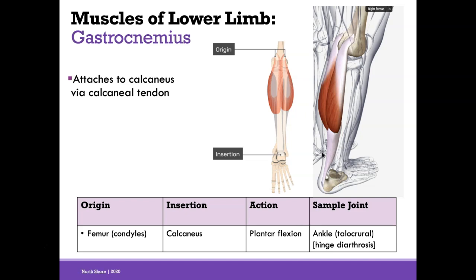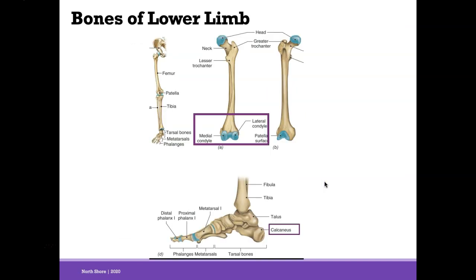So there's a special tendon shown here. This is called the calcaneal tendon. And that's what brings the gastrocnemius to insert on the calcaneus. So this is the femur, and this is showing you those condyles, and this is showing you the calcaneus. And this is the heel joint.